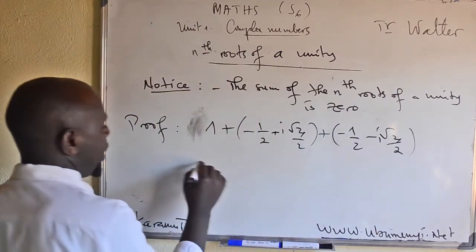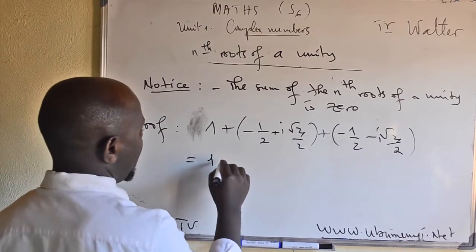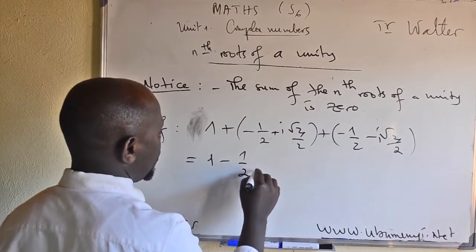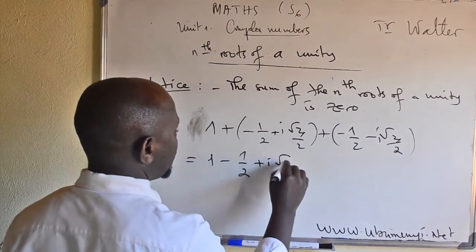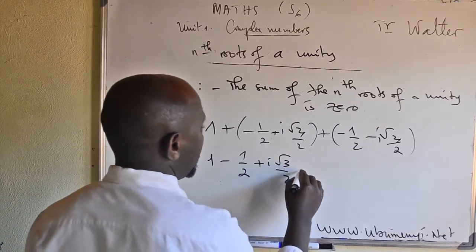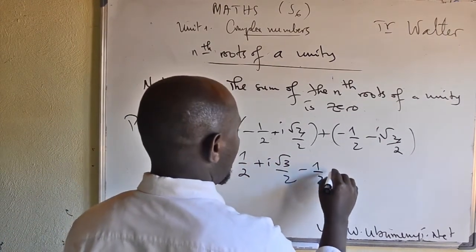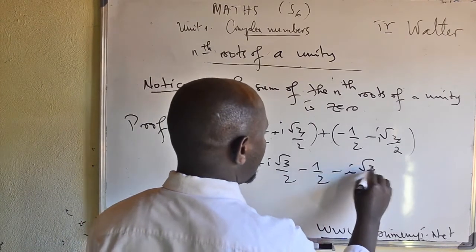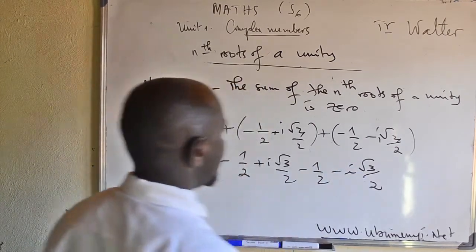Now if we expand this, what do we get? We get 1, negative 1/2 plus i √3/2, negative 1/2 negative i √3/2, ladies and gentlemen.